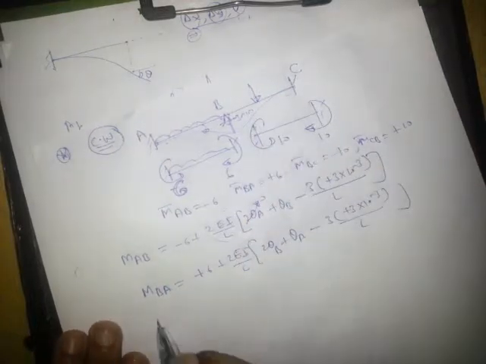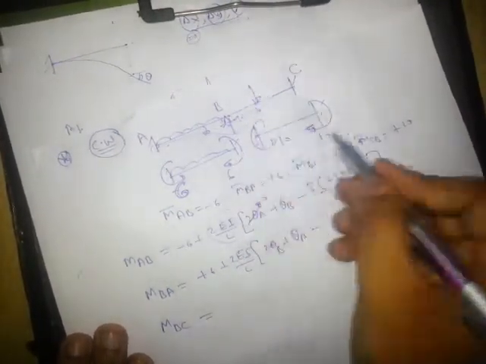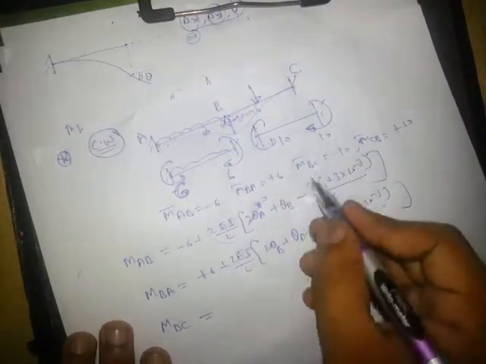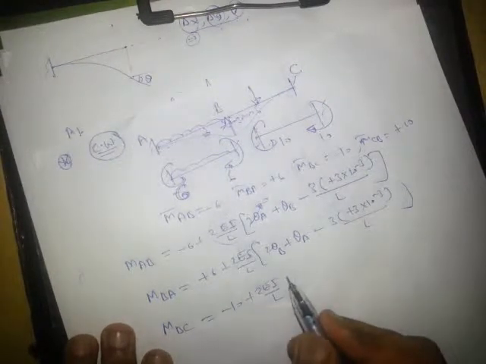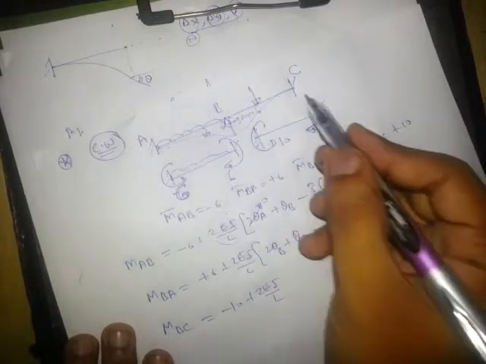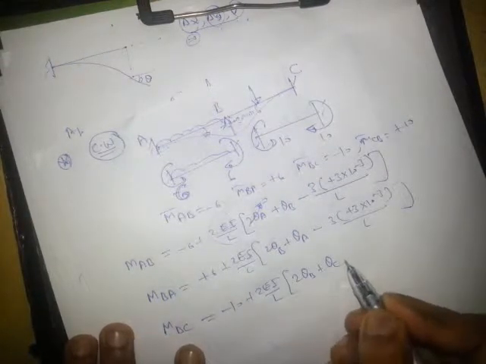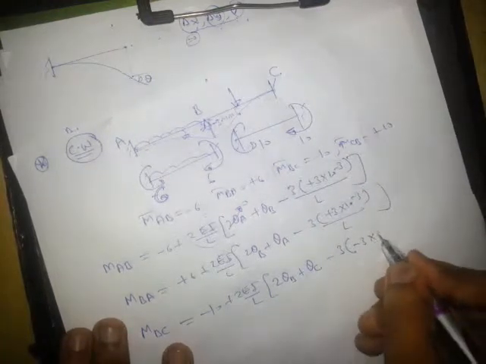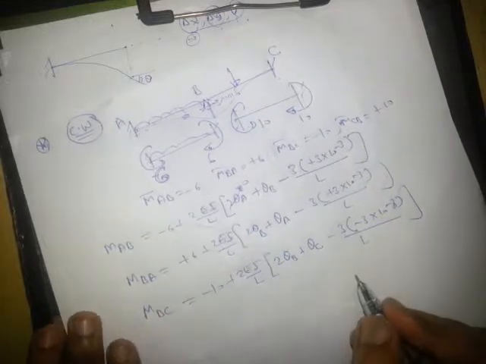Now we will write MBC. So for B to C, the beam is rotating anti-clockwise, so delta will be minus. So MBC is M bar BC, minus 10, plus 2 EI divided by L. For example, this L is different. 2 theta B plus theta C minus 3 delta, where delta is minus because it is giving anti-clockwise rotation, right?